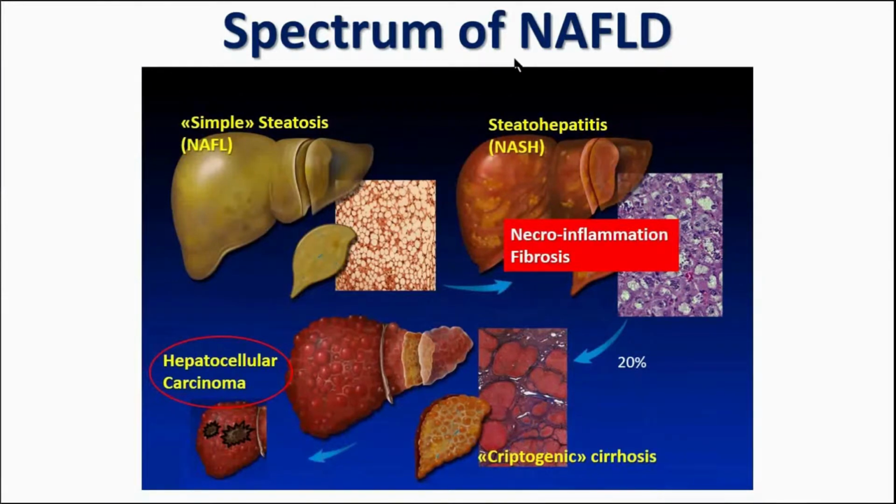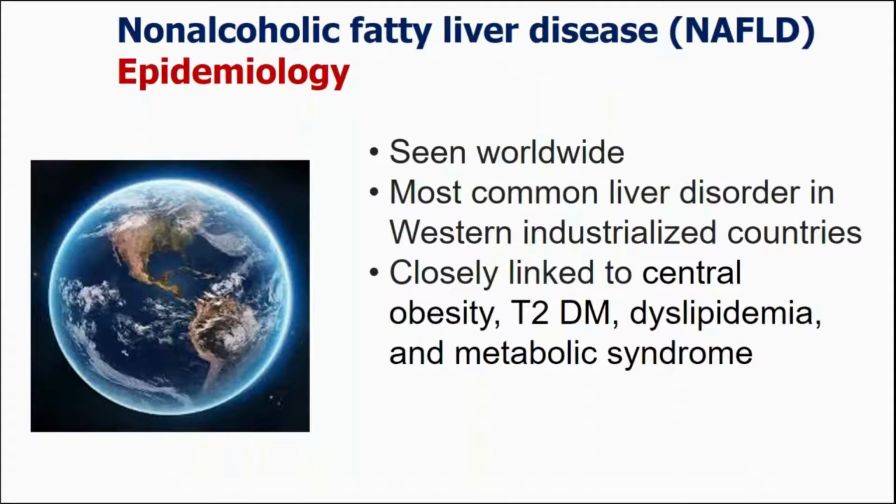Now, the spectrum of non-alcoholic fatty liver disease ranges from simple steatosis to non-alcoholic steatohepatitis with necroinflammation and fibrosis. A group of around 20% might evolve towards cryptogenic cirrhosis, now an emerging problem, and even a small group towards hepatocellular carcinoma. This is a worrisome trend.